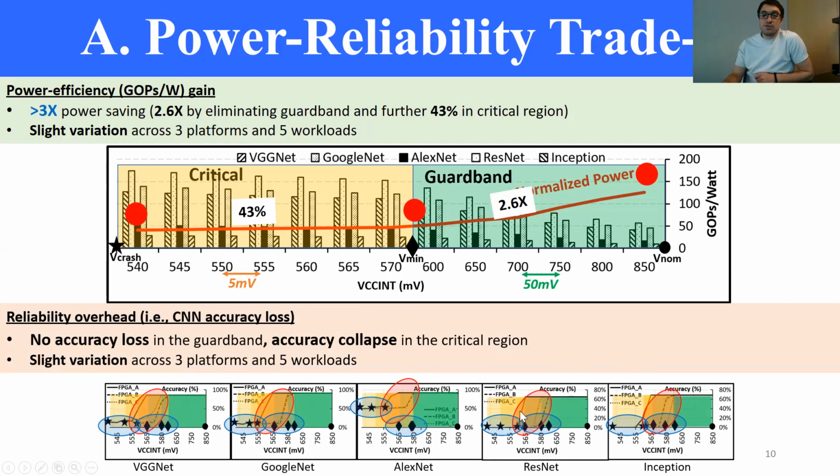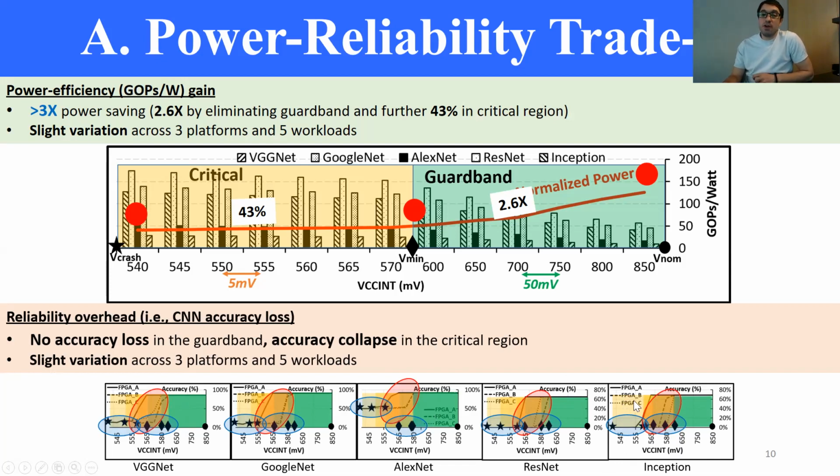This accuracy collapse has two types of variation, I would say. First is the variation among the workloads, as you can see here. For example, for AlexNet it happens at 580, or for this one it is at 500, a bit earlier. So we have this kind of workload variation. In addition, we also have chip variation.